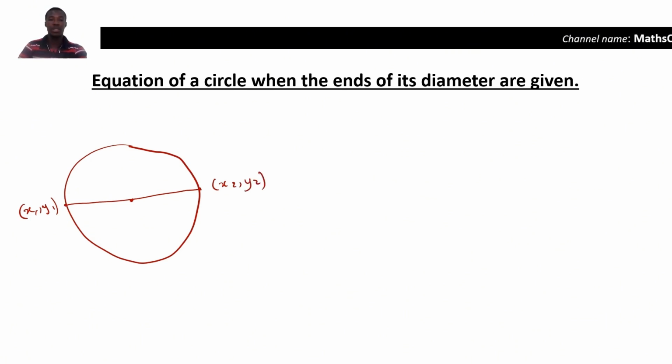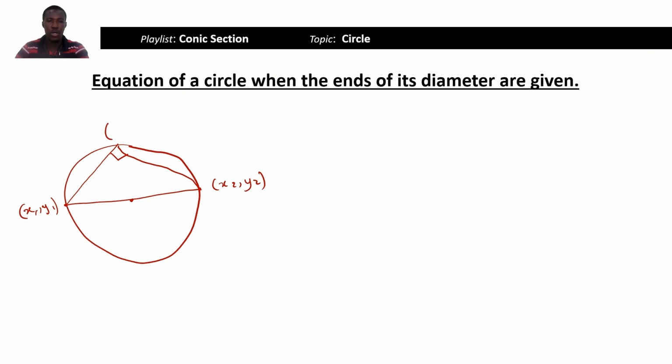From circle theory, we know that when the ends of a diameter subtend an angle at the circumference, that angle will be 90 degrees.